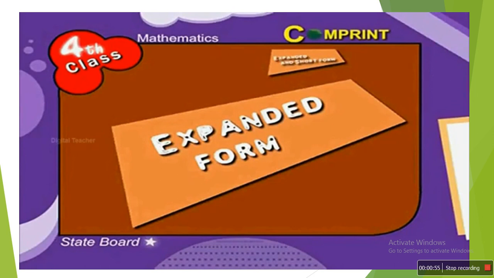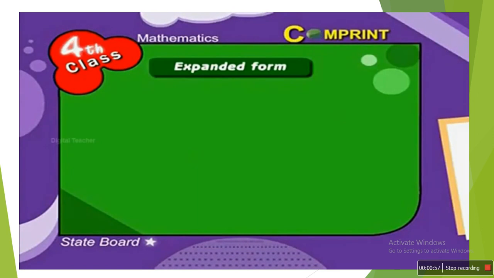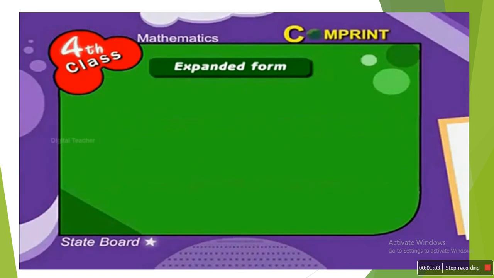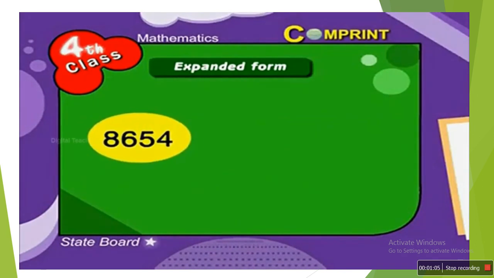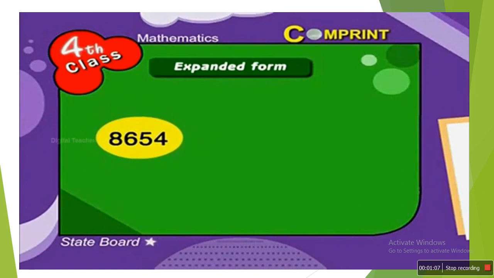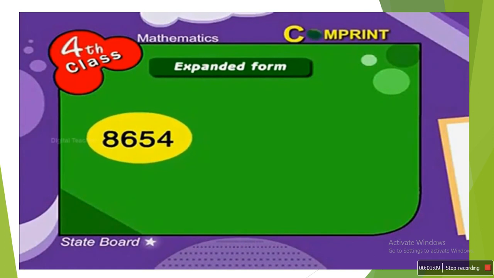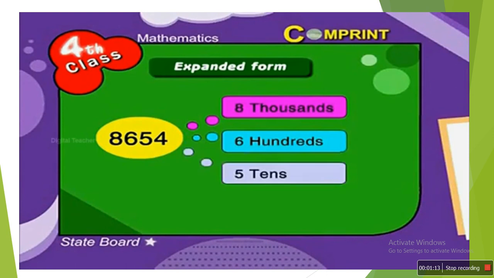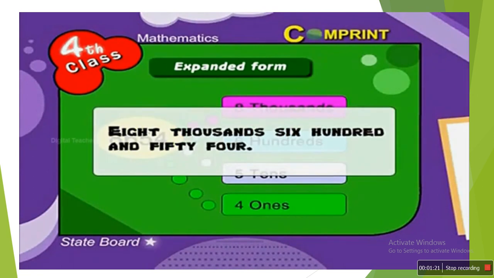Expanded form. We write the numbers in expanded form for better understanding. For example, 8654 we can write like this: 8000 plus 600 plus 5 tens plus 4 ones. It can be expressed as 8654.